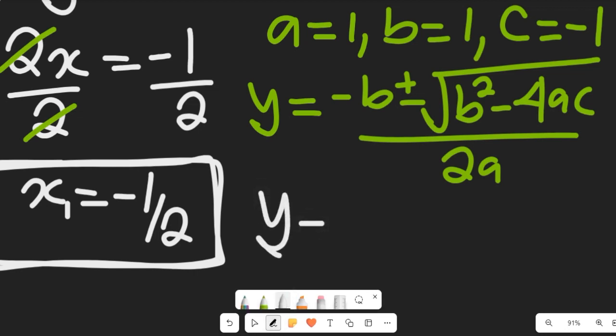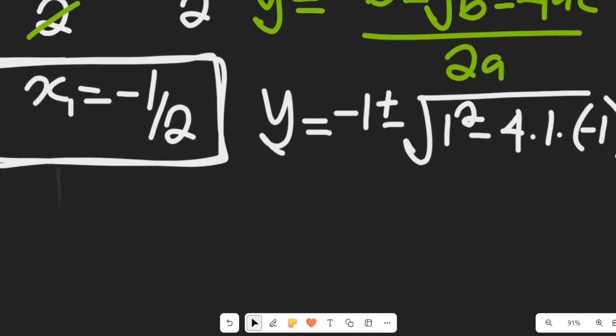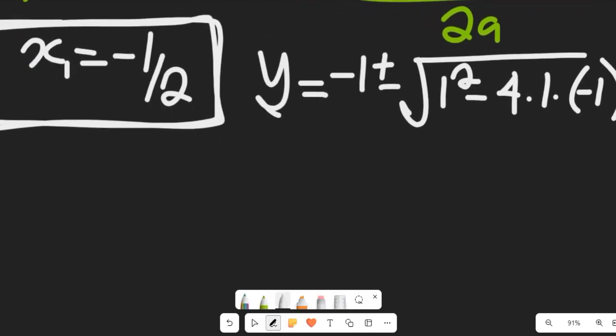The value of y will be equal to negative 1 plus or minus the square root of 1 squared minus 4 multiplied by 1 multiplied by negative 1, and all these will be divided by 2 multiplied by 1. Great.